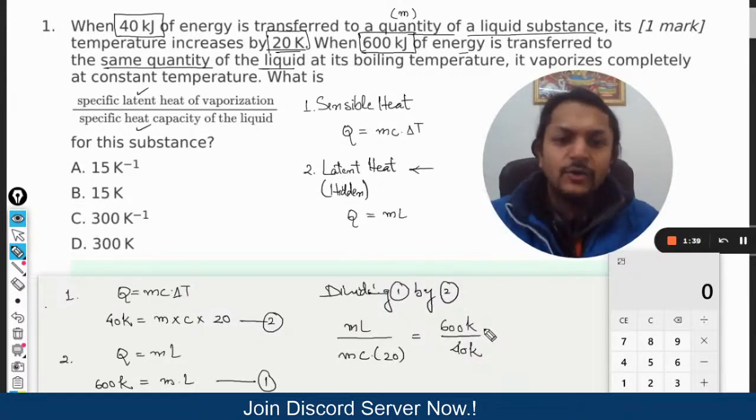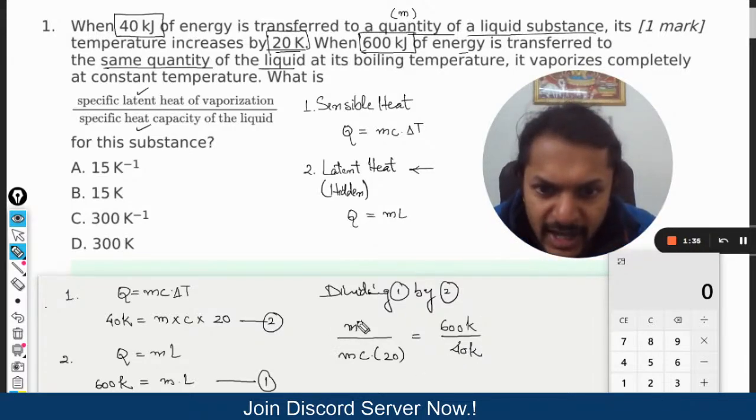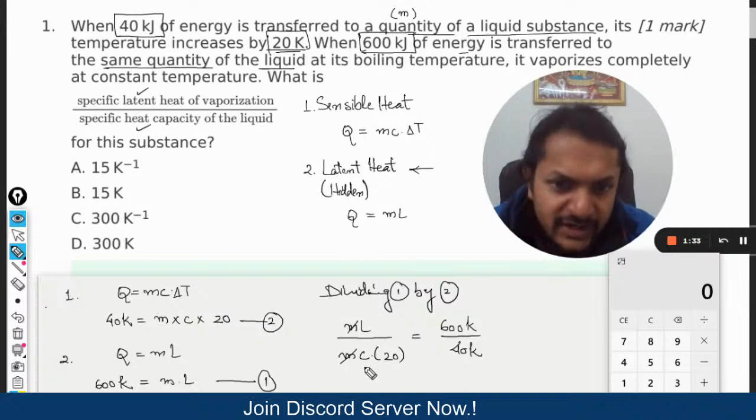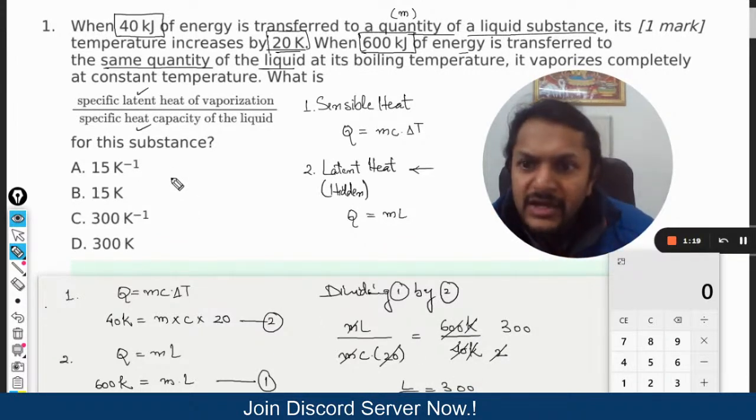So obviously the K and K get cancelled out, m and m get cancelled out, and we are just remaining with L by c delta T. Cancelling the zeros, this will be taken as 300. So L by c delta T comes out to be 300.